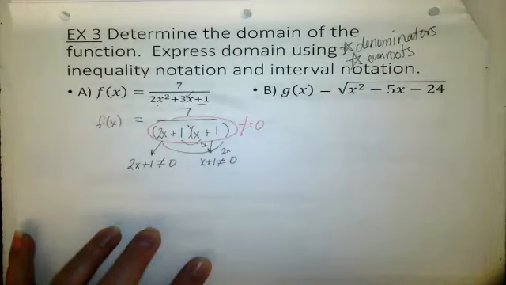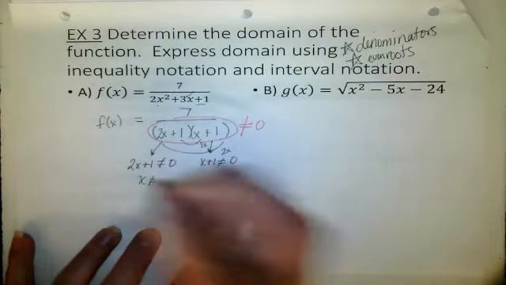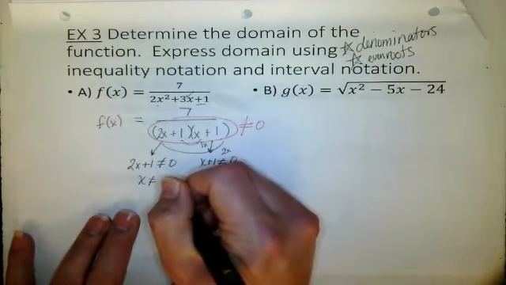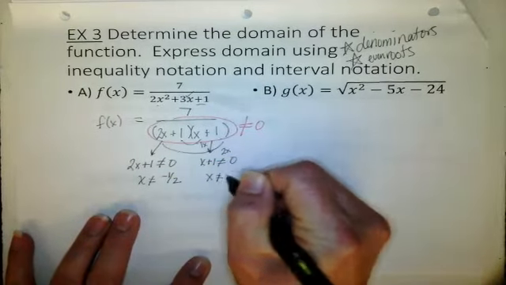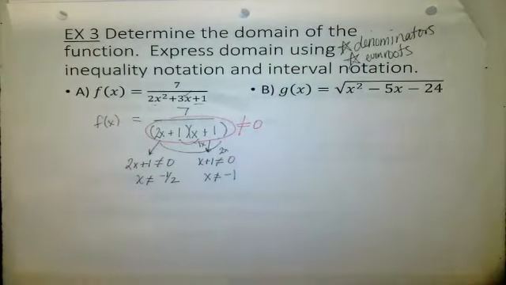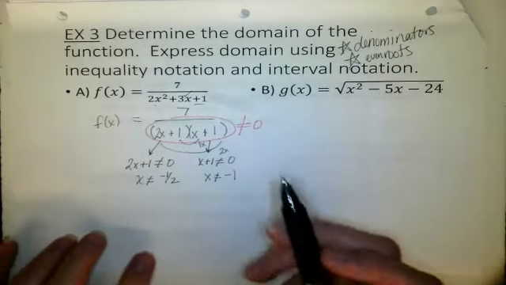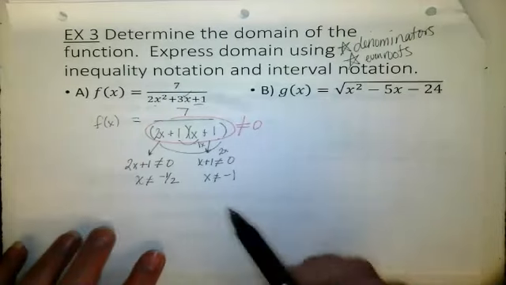Neither of you can be 0, which means x cannot be what? Negative 1 half and negative 1. Good. So x cannot be -1/2, and x cannot be -1. These are the restrictions for the domain.